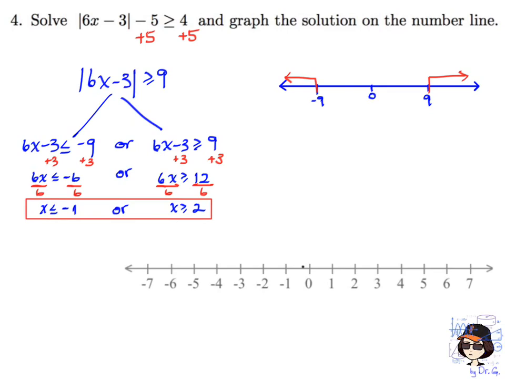So x less than or equal to negative 1 means we're including negative 1, so we put a solid dot there. And then we draw an arrow going down to the left. Okay, everything less than or equal to negative 1. And then for the other one, we draw a solid dot at positive 2 and an arrow going to the right. And that's our solution on the number line.